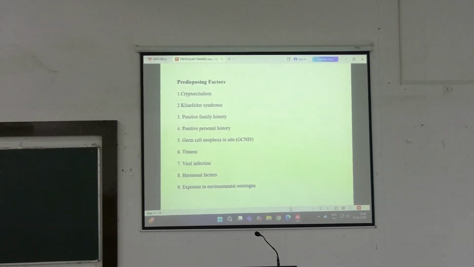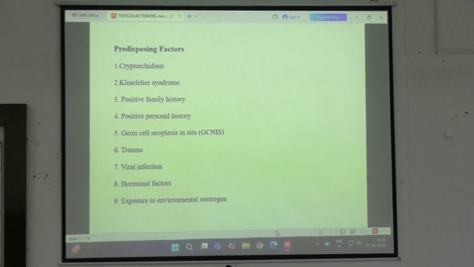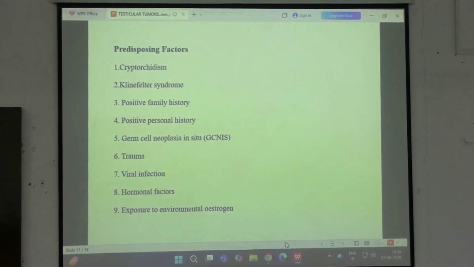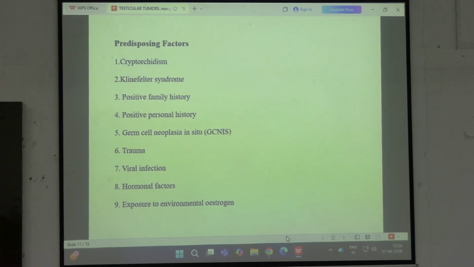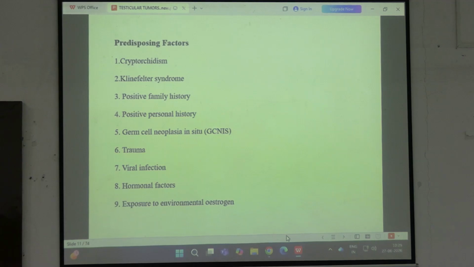Now, there is something peculiar here. If there is a testicular tumor in a father, then there is a high chance of a son developing it, or vice versa. But in siblings, the chances of developing it become even higher. Okay, that is your positive family history.